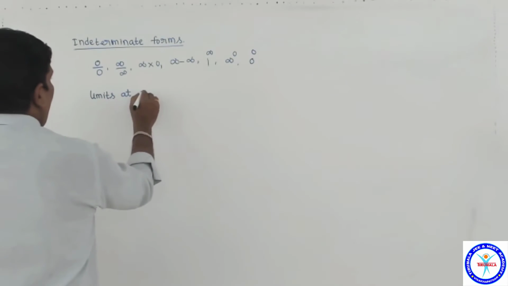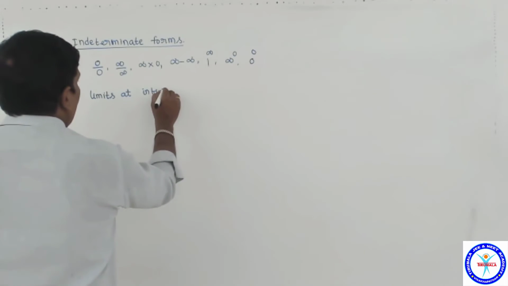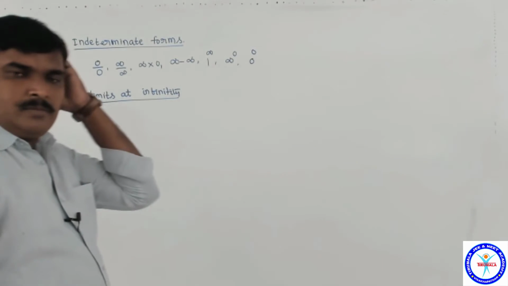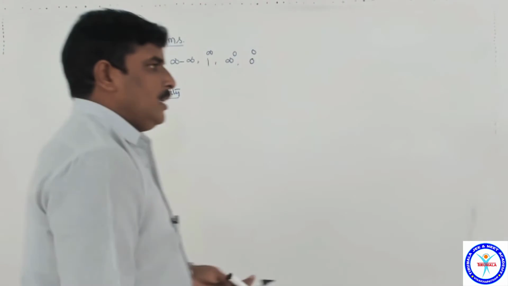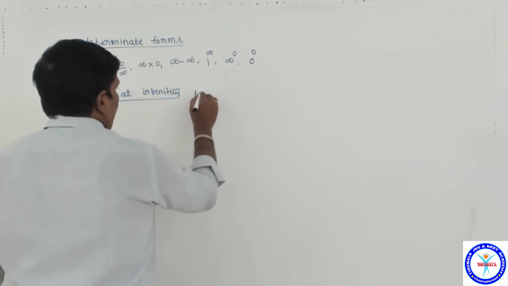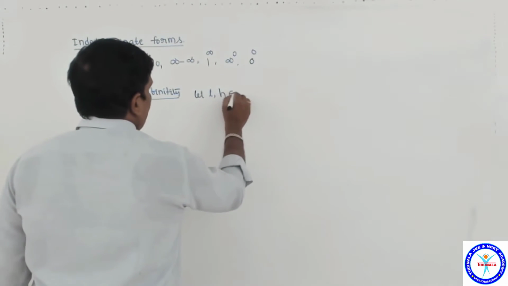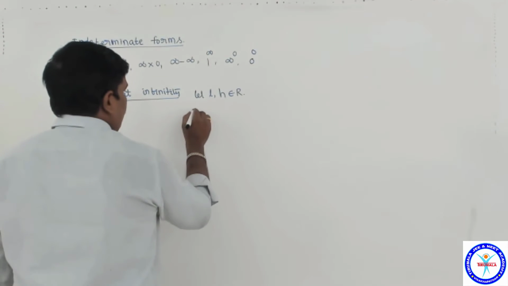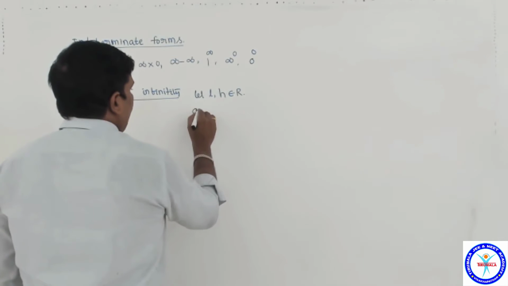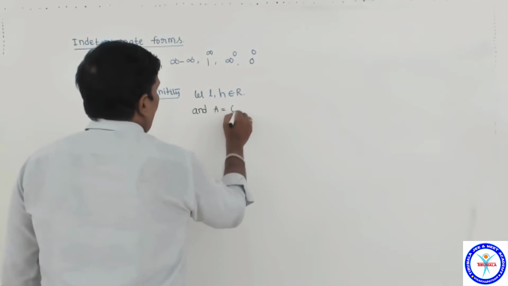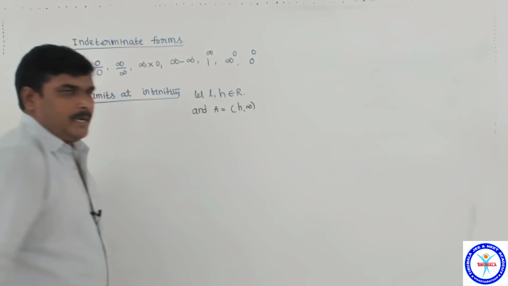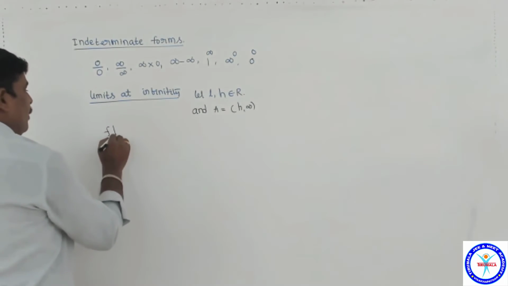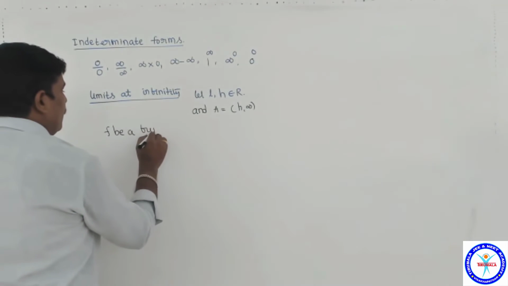Limits at infinity. Let L, H belong to R. Let us take two real numbers and define capital A equal to (H, infinity). Let f be a function defined on this domain.